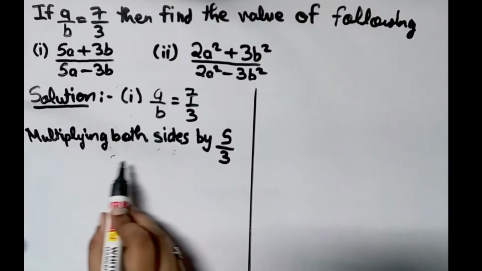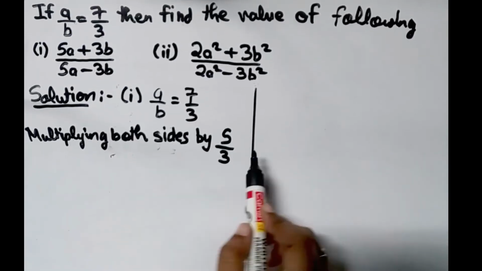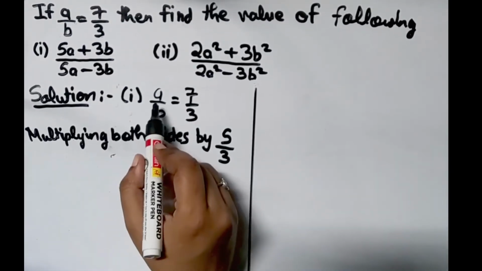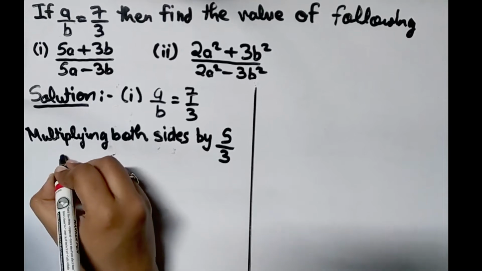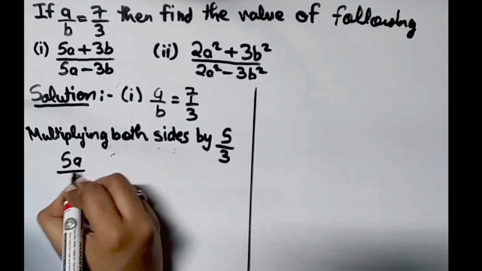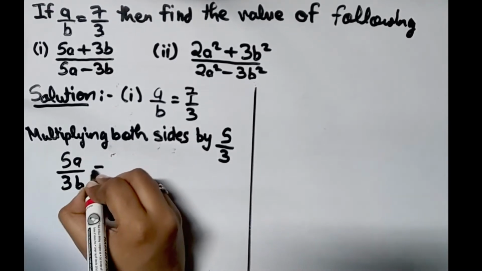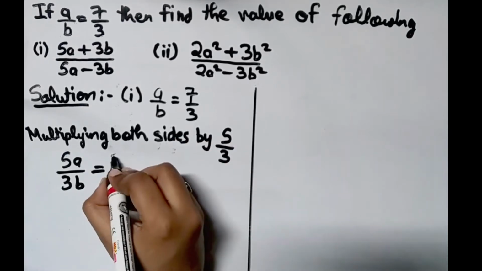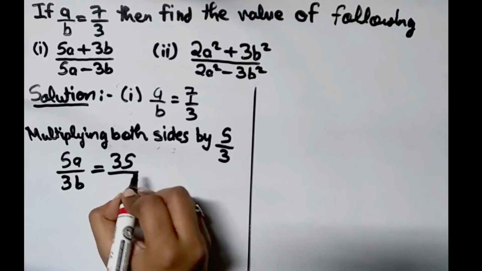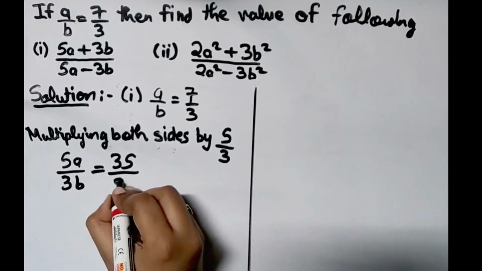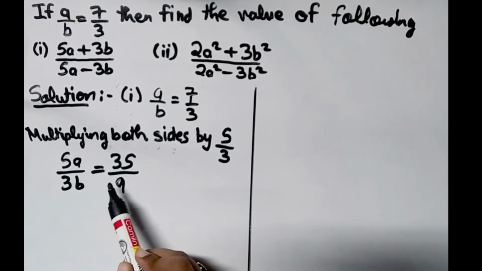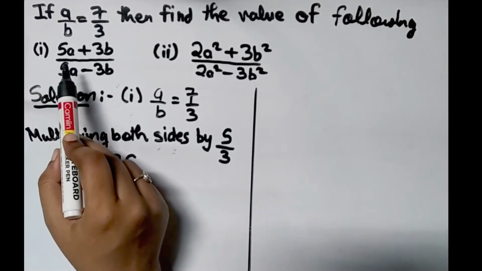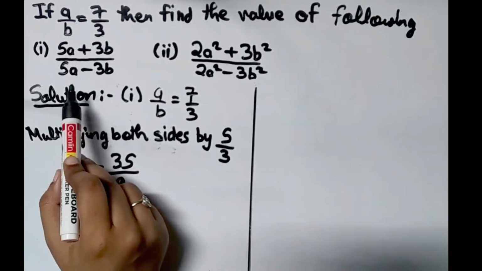So multiplying both sides by 5 upon 3, this side will be 5a upon 3b equal to 5 into 7 is 35 upon 3 into 3 is 9. So 5a upon 3b we got. Now we have to find 5a plus 3b upon 5a minus 3b.